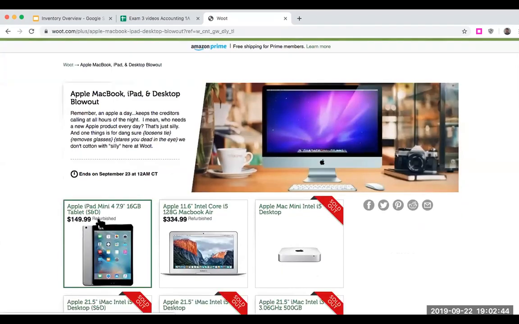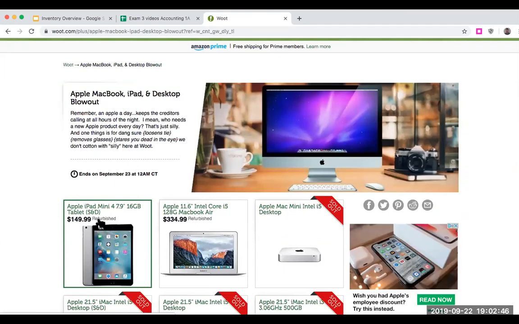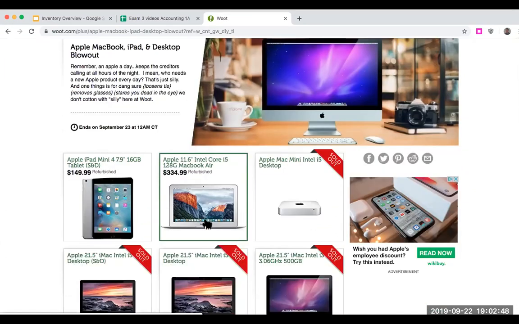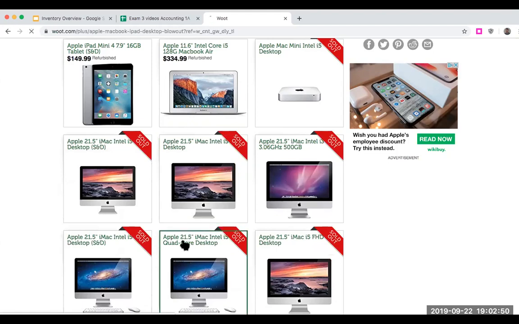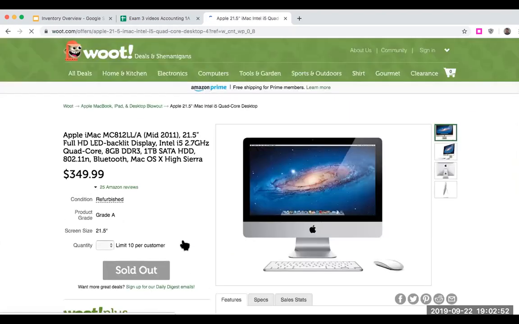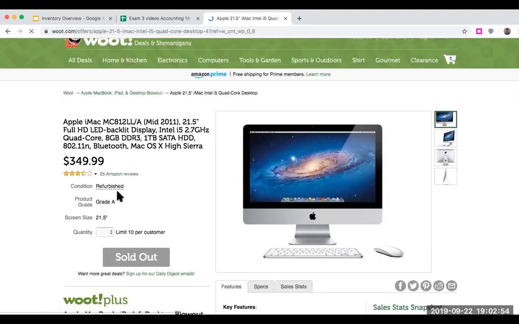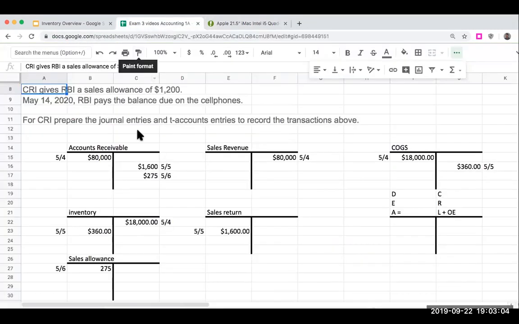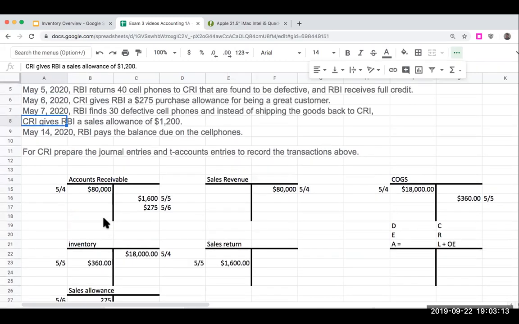Okay, right here, refurbished. If I click on this quad core desktop, refurbished. So if I'm selling something, the reason I want my customer to keep it is because if I get it back, I'm going to have to inspect it in my warehouse, and then I can't sell it as new.